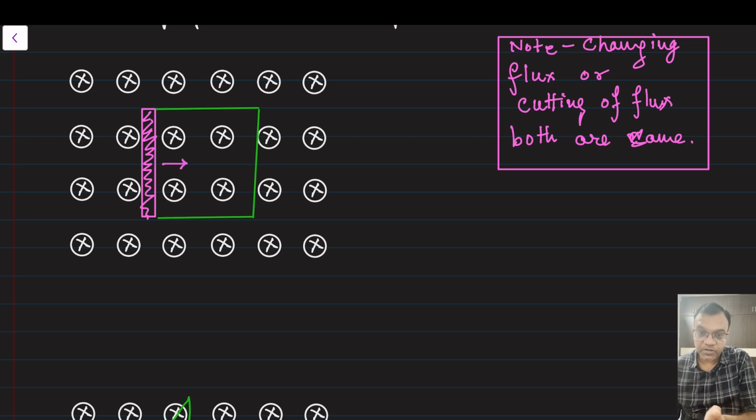So when it moves, it has to cut the field lines. In this case, cutting of field lines takes place.